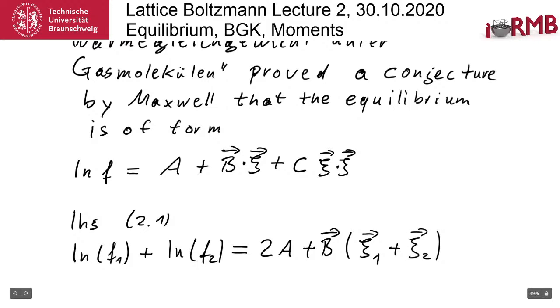And of course this is a scalar, plus now comes the c, times xc1 dot xc1 plus xc2 dot xc2.